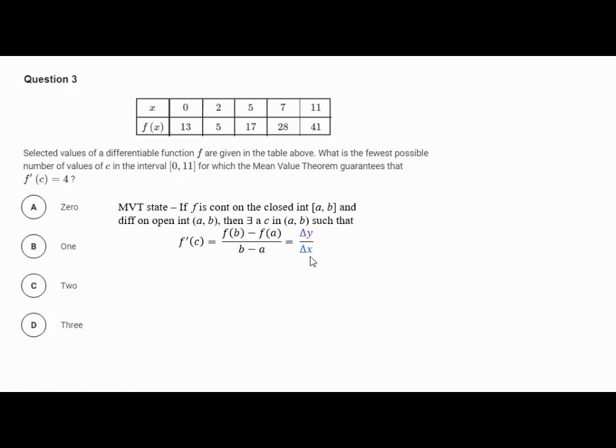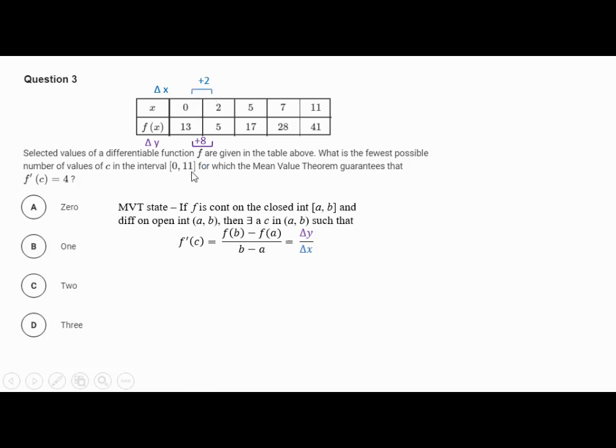So how we're going to do that is we're going to look at our table. We don't know what the function f of x is, but we do have certain values. And with that, I can find the change in y over change in x for different little intervals here. If I look at my first interval, there's my change in y, change in x. My rise was plus 8, and my run is plus 2.